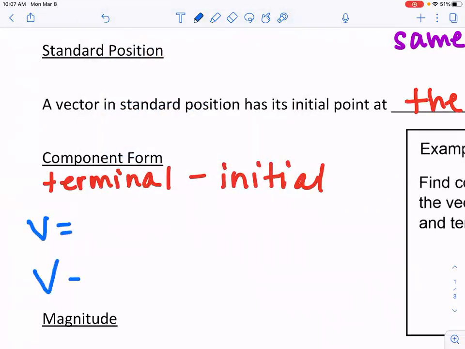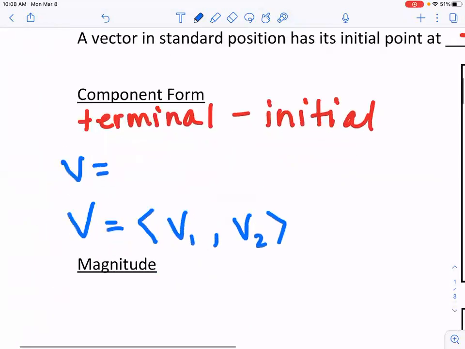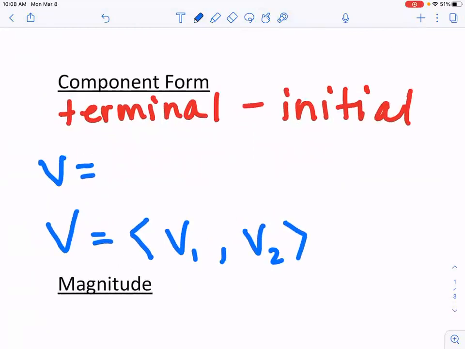When we have a vector in component form, it's going to look kind of like an ordered pair, but it's going to have these chevrons instead of the parentheses. That is how we know that it is a vector and not a coordinate.